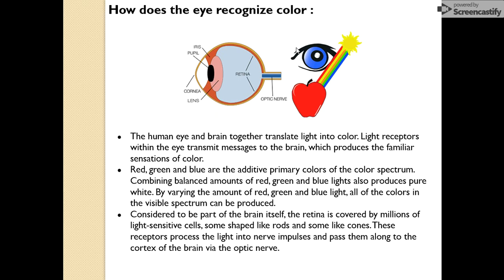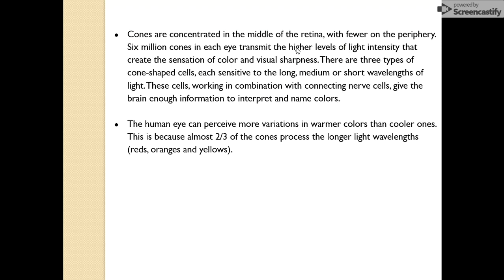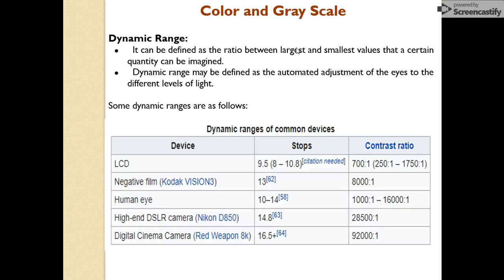The retina, the eye's anatomy, consists of a lot of cone cells and rod cells, which help us in being sensitive to color. There are approximately 6 million cones in each eye that transmit higher levels of light intensity. In this way, the cone cells and rod cells are used in order to understand and distinguish between colors.